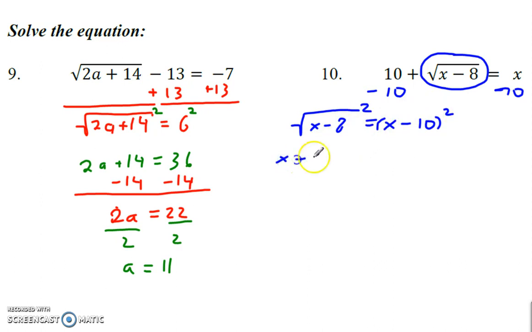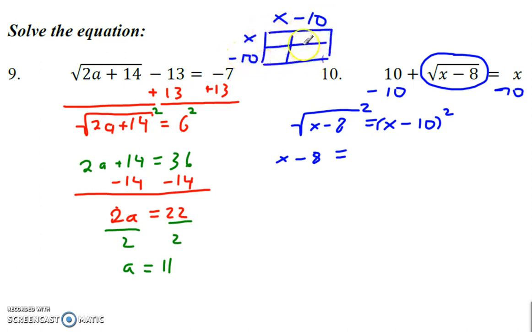On this side, that gives us x minus 8. On this side, this expression squared, remember to use the box for this. Many of you might make this mistake. I saw that today while we were working on this, many of you did make the mistake and didn't fill in the box. Once you filled in the box, you get x squared minus 20x plus 100.